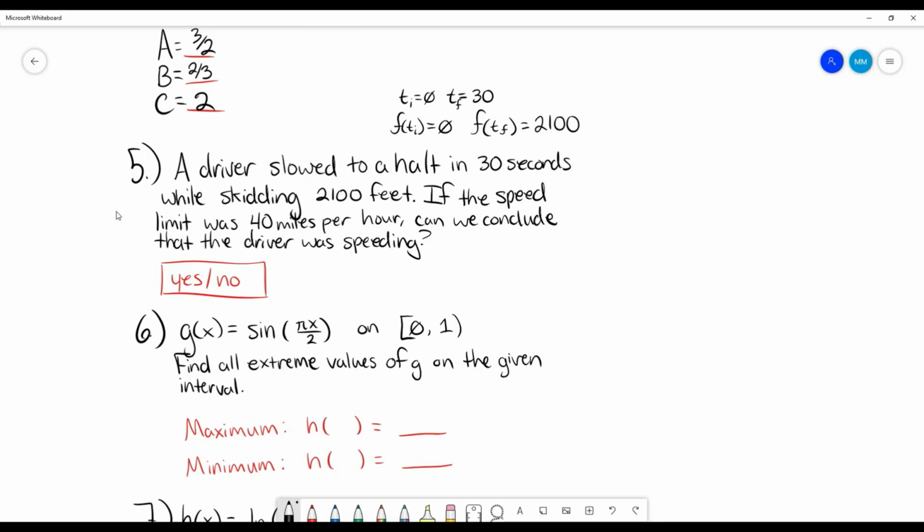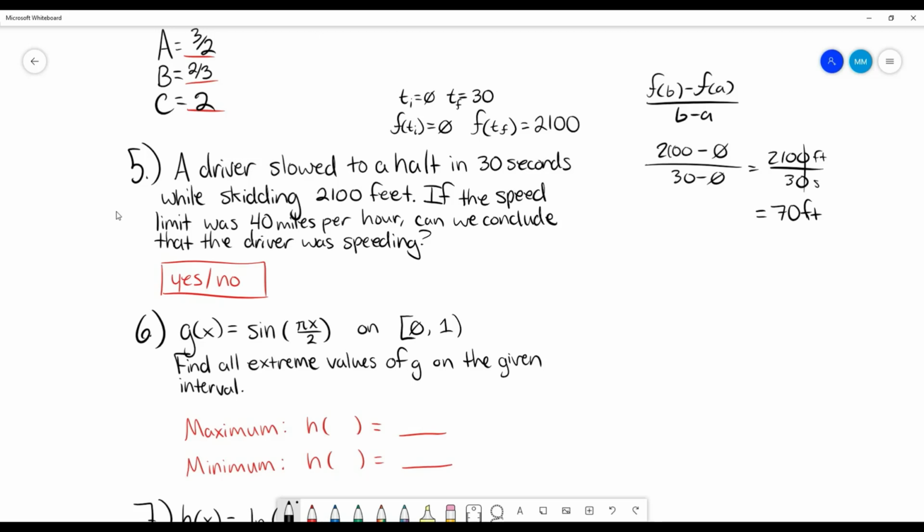Well, I can look at that with my mean value theorem, and I know that with the mean value theorem, I have f of b minus f of a over b minus a. In this case, b is our final time, a is our initial time. So I'm going to have 2,100 minus 0 over 30 minus 0 equals this, which then turns out to be 210 divided by 3, which is just going to be 70 feet.